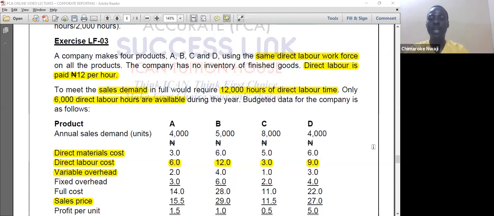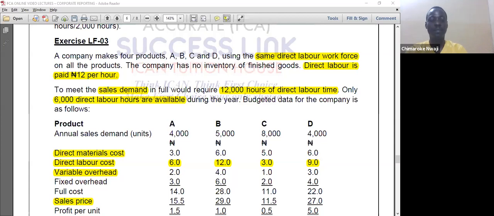So what we do now is, how do we convert our labor costs to labor hours? I showed you in my solution how we did the conversion.